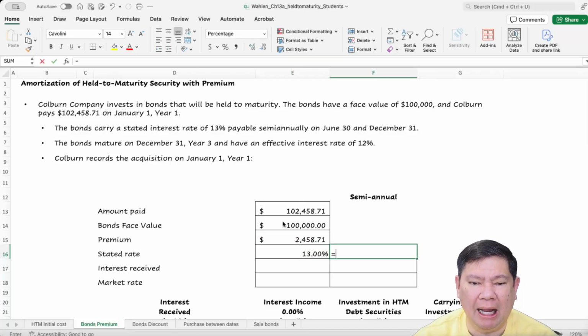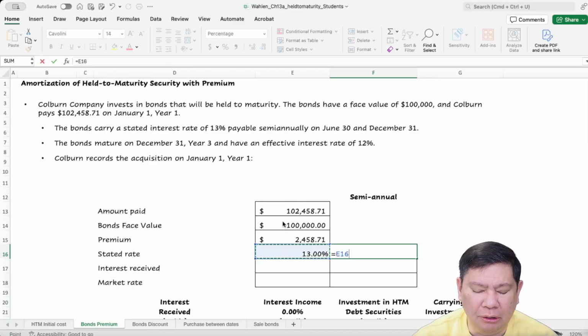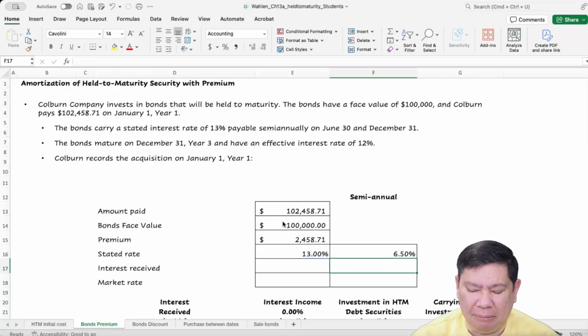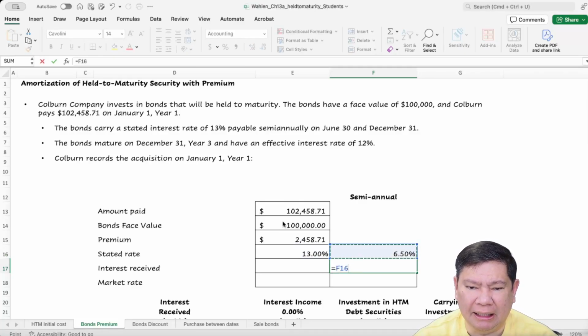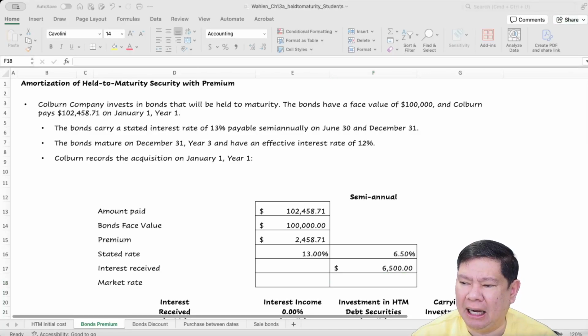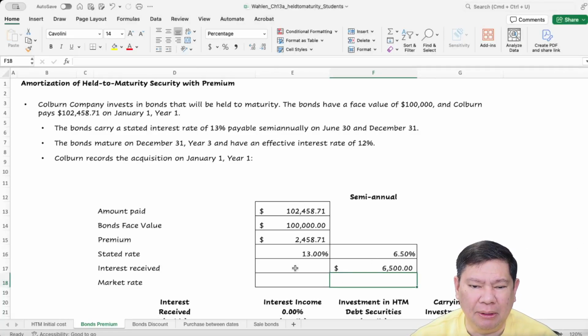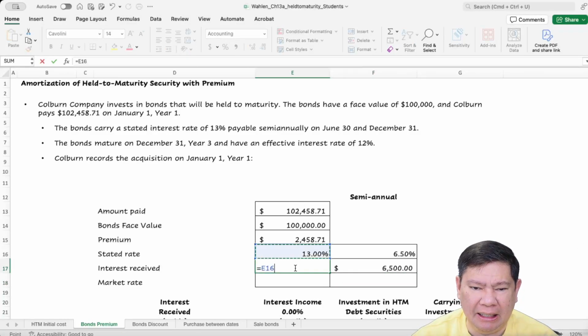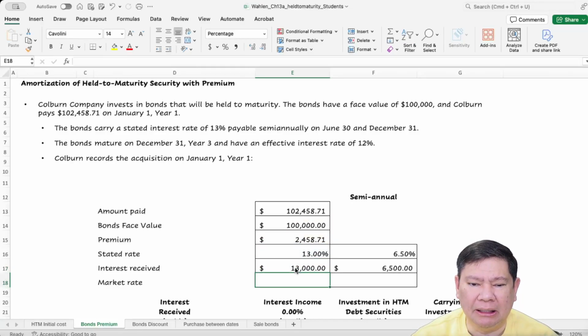The stated interest rate is 13%. For semi-annual bonds, we're going to divide that by 2. So the interest that we will receive as an investor is 6.5% times 100,000, which is $6,500 semi-annually, or in a year, 13% times 100,000 is $13,000.